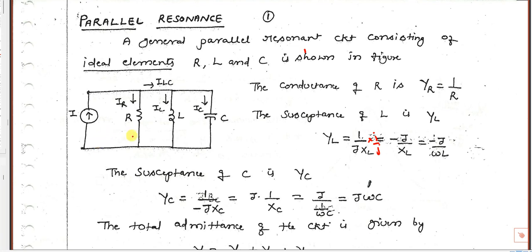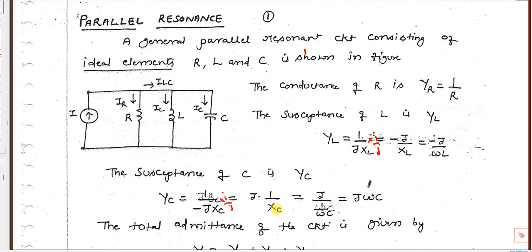Similarly, for the third branch, the susceptance of the capacitor is given by 1 by minus j XC, since for capacitance we use minus j XC. If you multiply the numerator and denominator by j, then j square is minus 1, and the minus becomes plus.